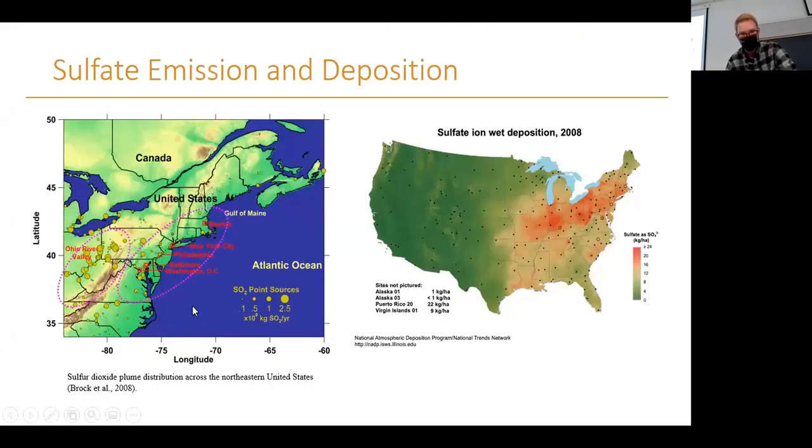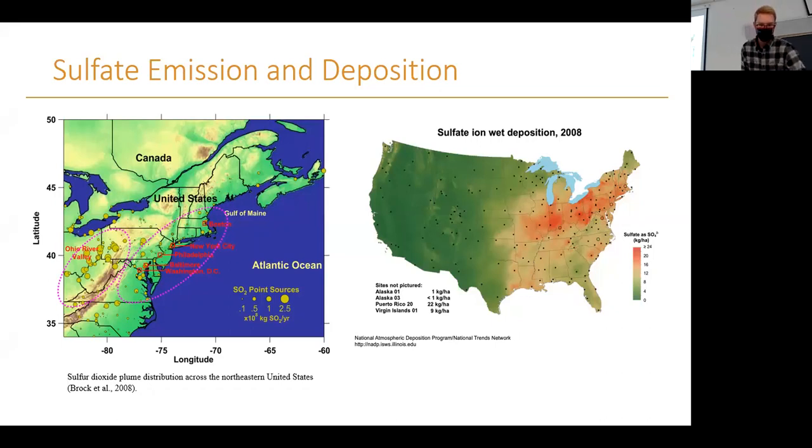To illustrate the dynamics between emission and deposition, here on the left I have this map that shows the distribution of sulfate plumes or sulfur dioxide point sources within the eastern United States.